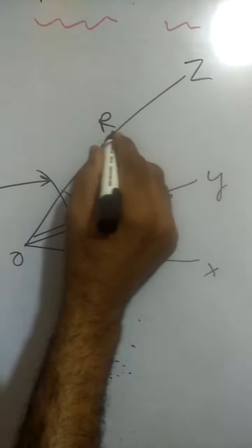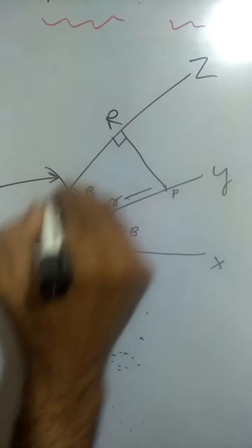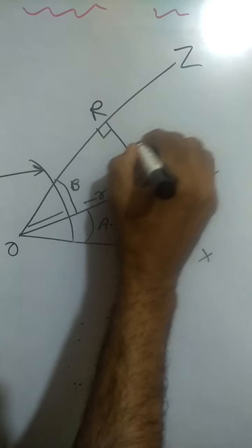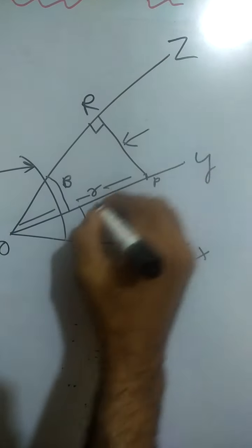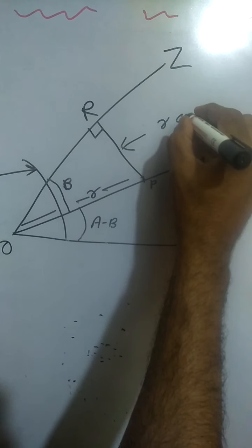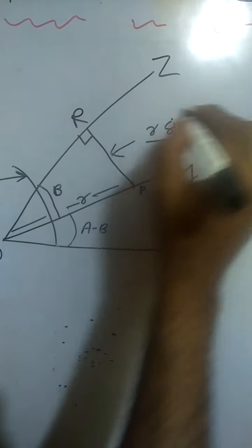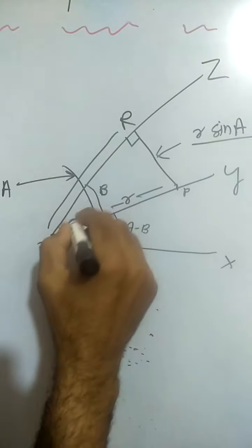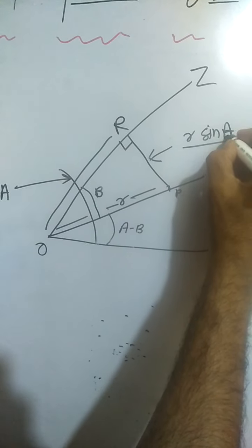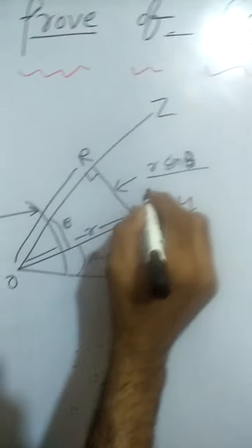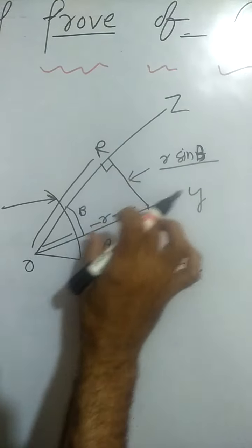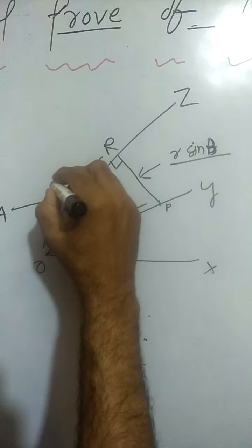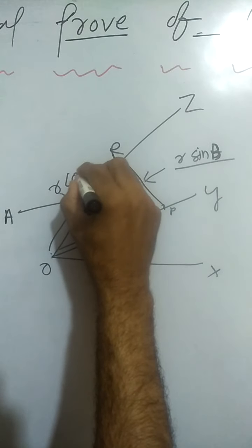In this triangle PRO, R is a right angle, so side PR is equal to R sin A. Note this. And this side is equal to B, this is angle B, so this side is equal to R sin B and this OR is equal to R cos B.